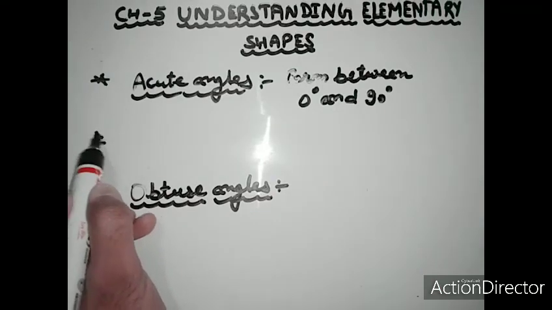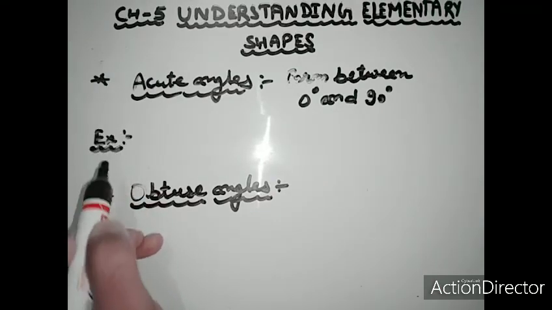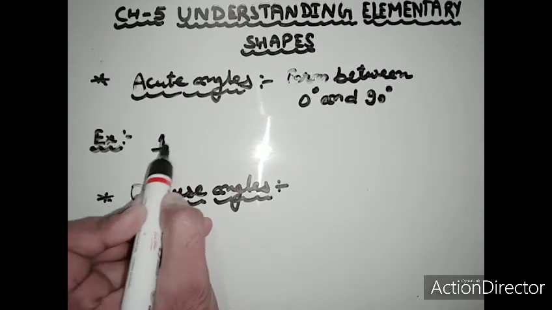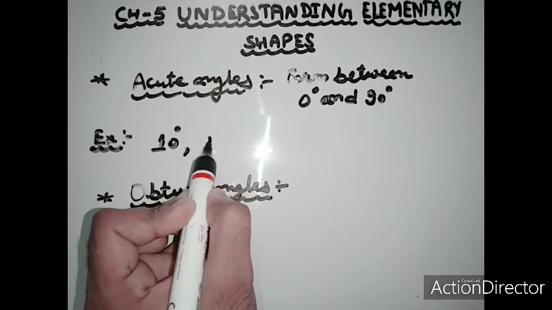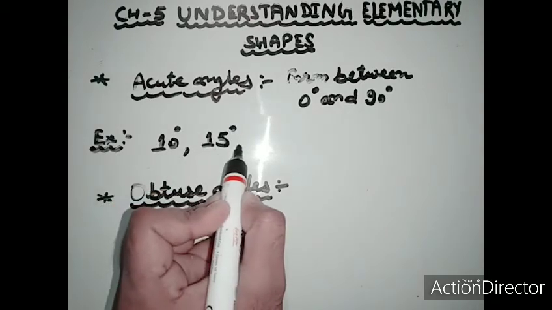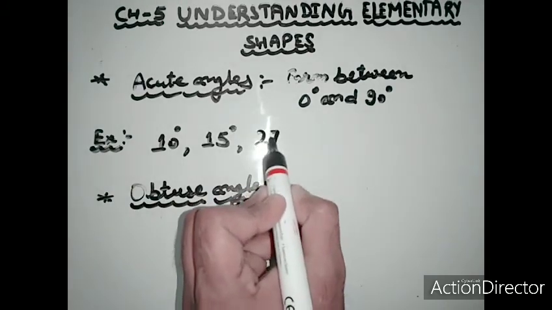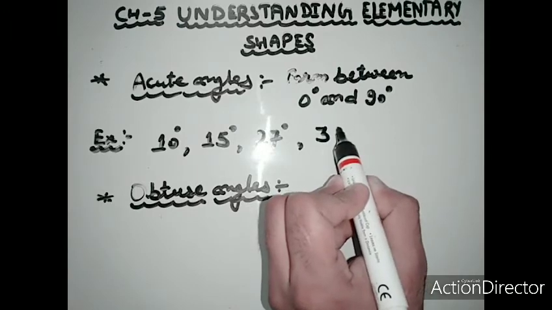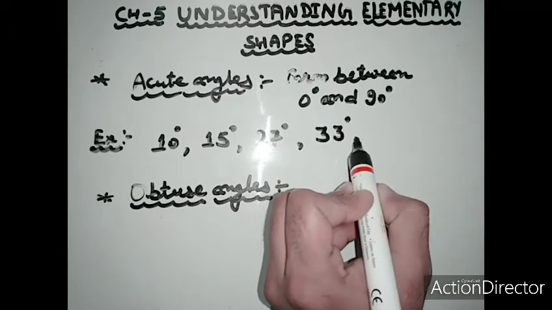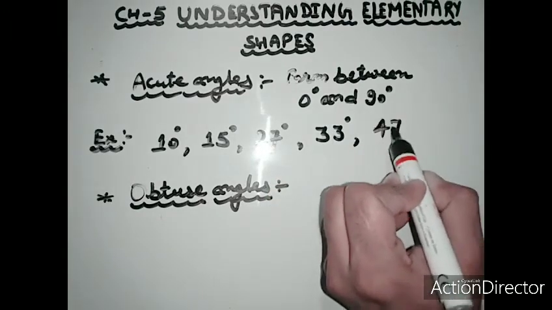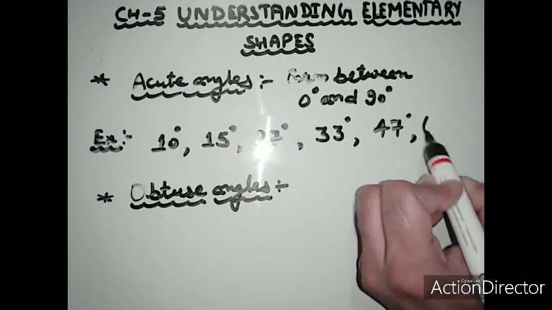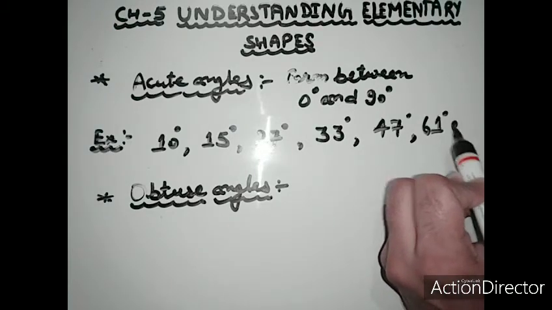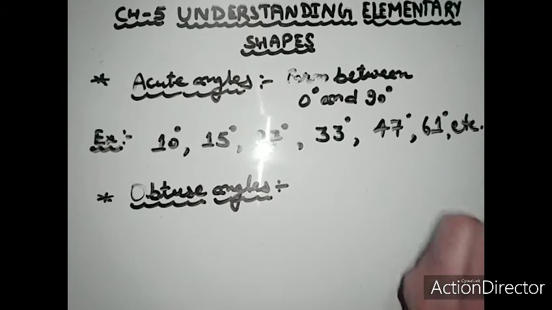Here we write some examples related to acute angles like 10 degree, 15 degree, 27 degree, 33 degree, 47 degree, 61 degree, etc. Right? There are lots of other examples related to acute angles.